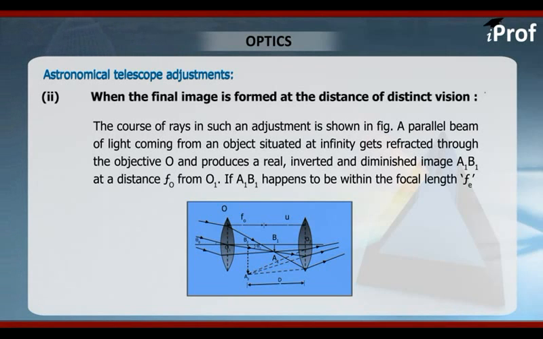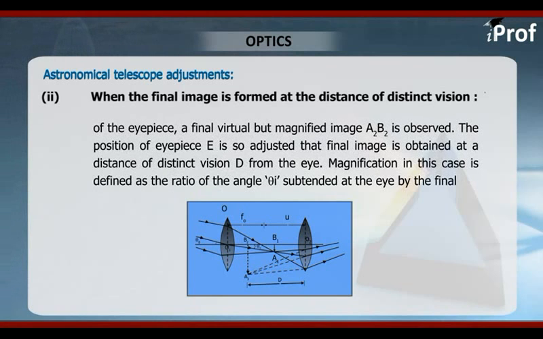Now the course of rays in such an adjustment is shown in the figure. A parallel beam of light coming from an object situated at infinity gets refracted through the objective O and produces a real inverted and diminished image A1 B1 at a distance FO from O1. If A1 B1 happens to be within the focal length FE of the eyepiece, a final virtual but magnified image A2 B2 is observed.